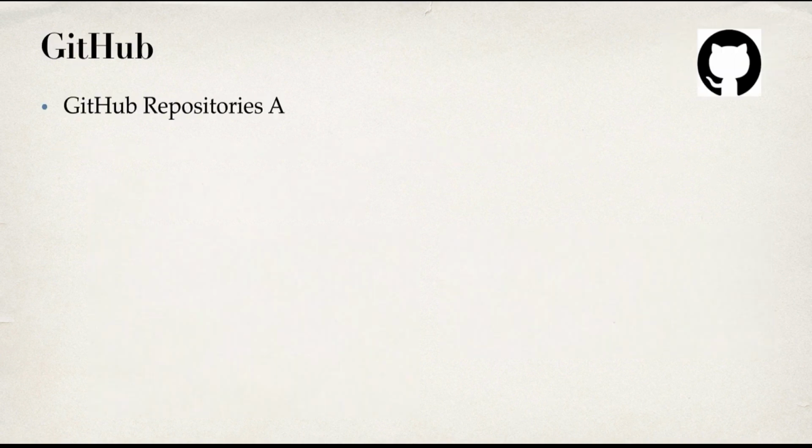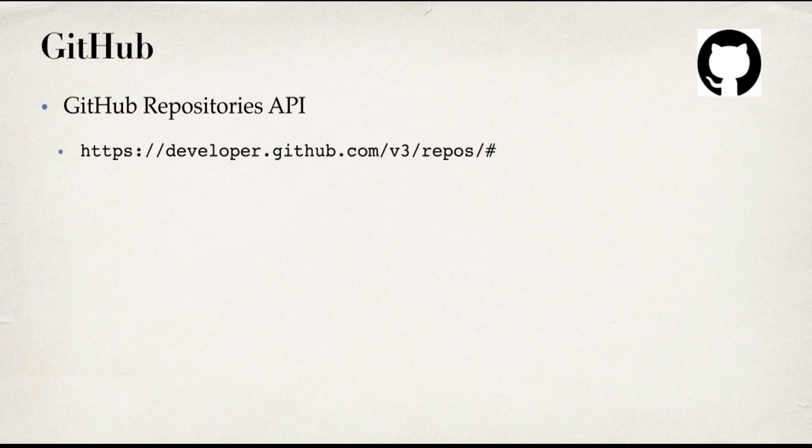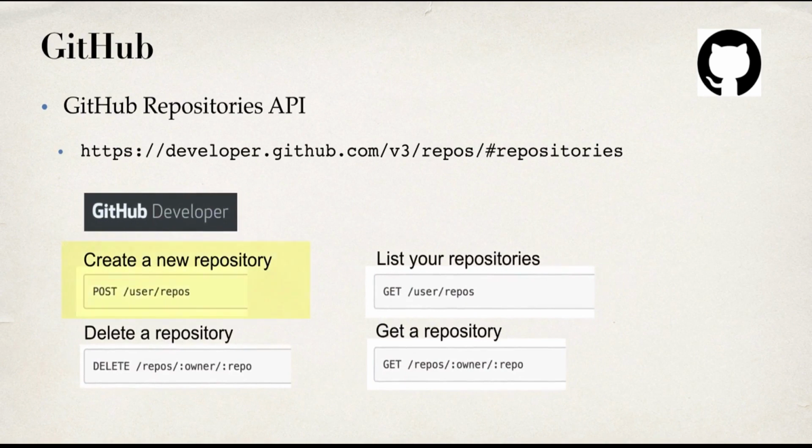Now let's take a look at GitHub. They provide a GitHub repositories API. You can get full details at the link here. And then using their API, you can create a new repository by simply using a post method to this given endpoint /user/repos. You can delete a repository by going to repos/owner/repo.